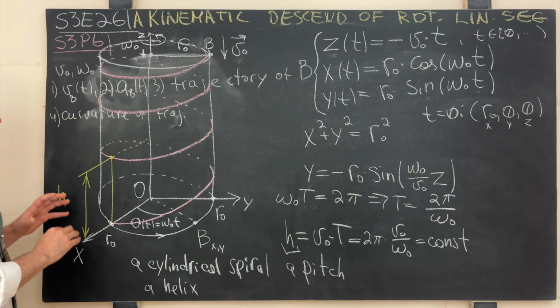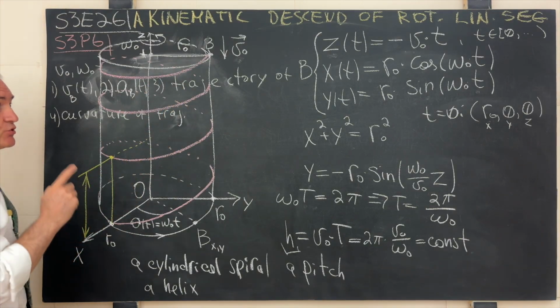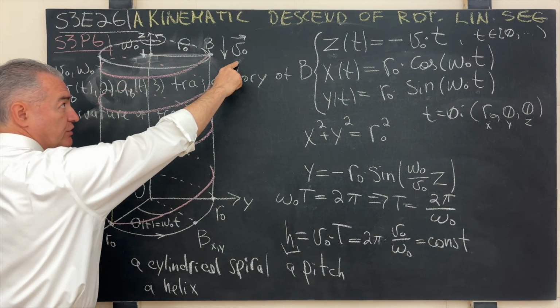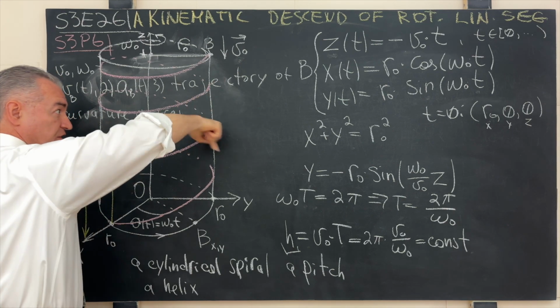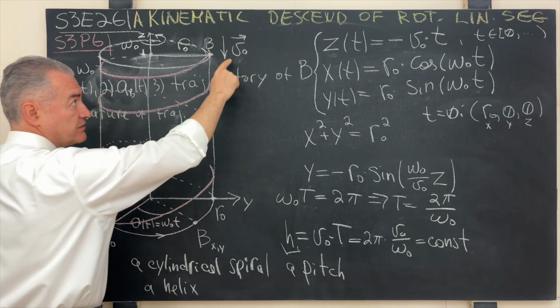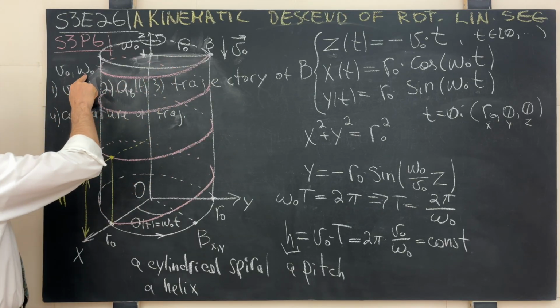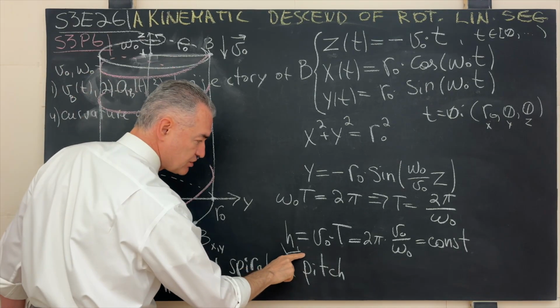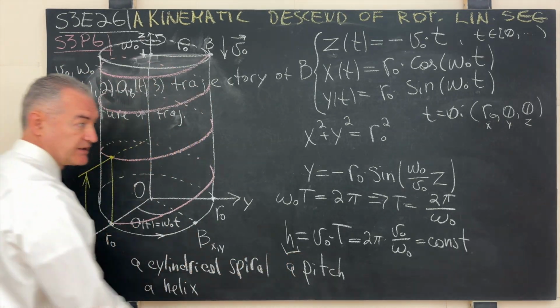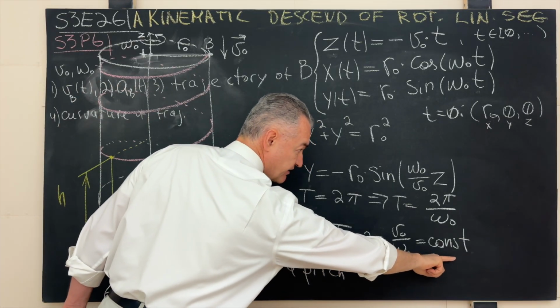whose superposition defines the overall motion of the point B are uniform, the vertical translation and the horizontal rotation, and the numbers v0 and omega 0 are constant, it means that the pitch of this particular spiral is constant. It does not vary over time.